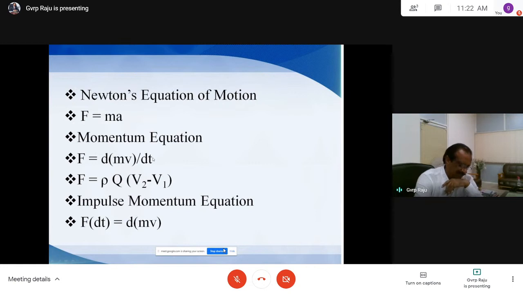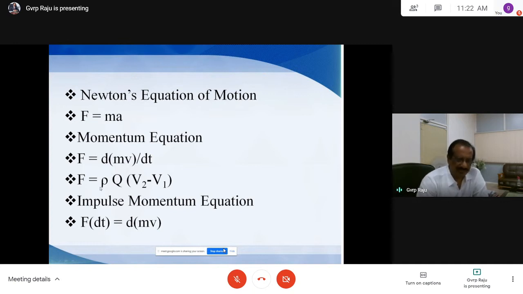So the momentum equation defines that the rate of change of momentum in any direction gives the force in the same direction.